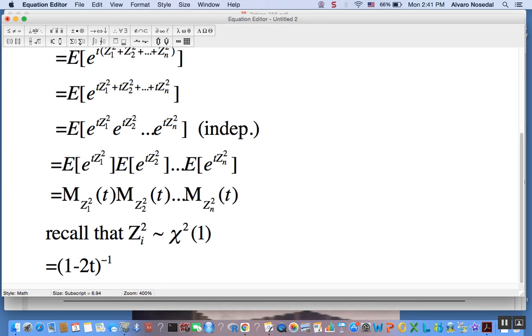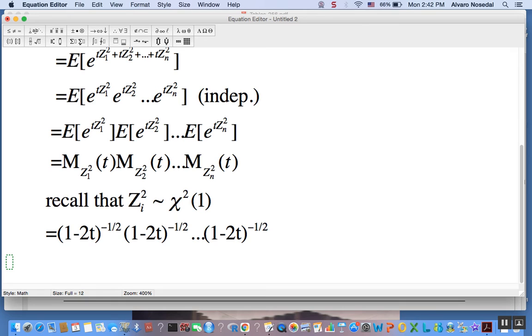And then we have the same for the second one and for the third one, and so on. We have n of them. So now we just do a little bit of algebra. We add them up, so we have n of these terms. So what we end up having is 1 minus 2t to the power minus n divided by 2.